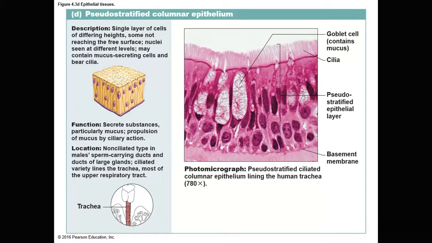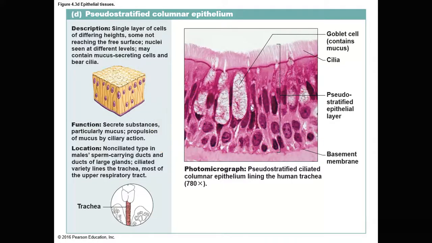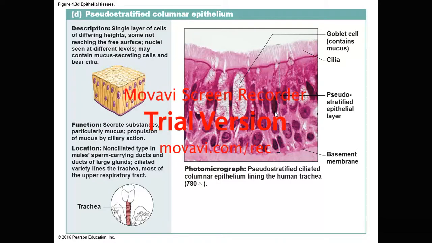But you just have to try to identify the nucleus, and see how each cell, you see how this one doesn't totally reach the top, the apical top, and then just try to follow the nucleus up and down, and see whether you're dealing with one cell or not.